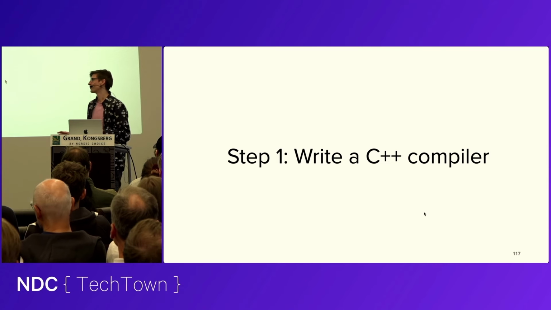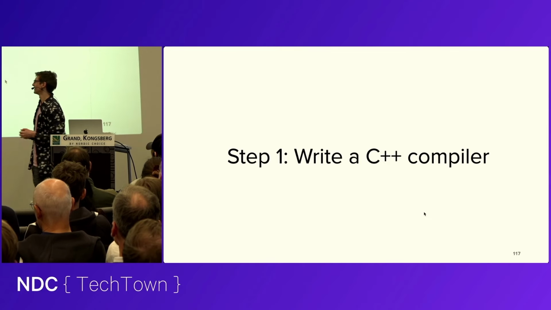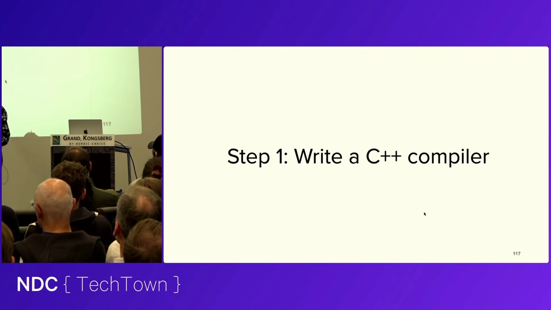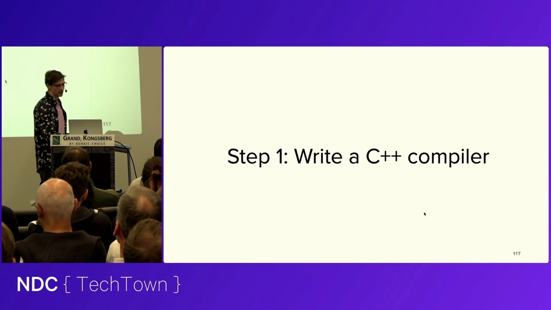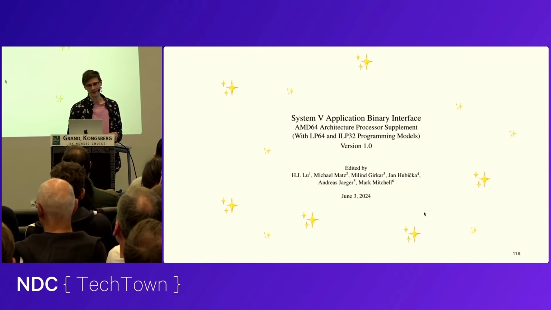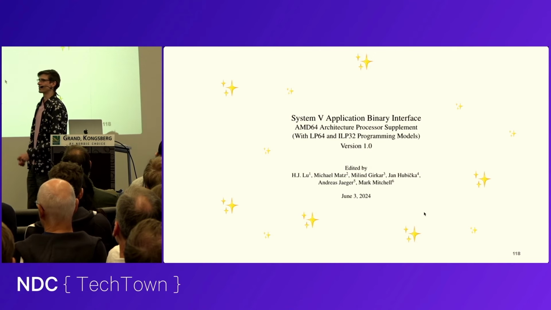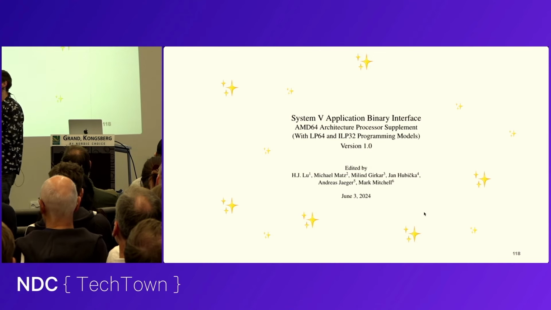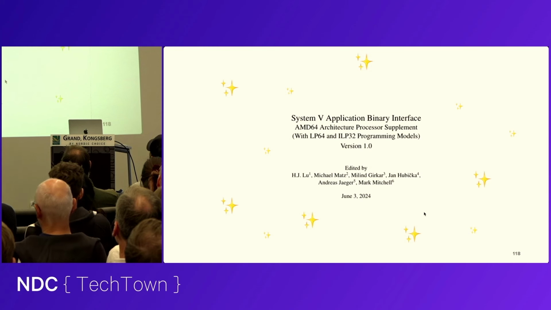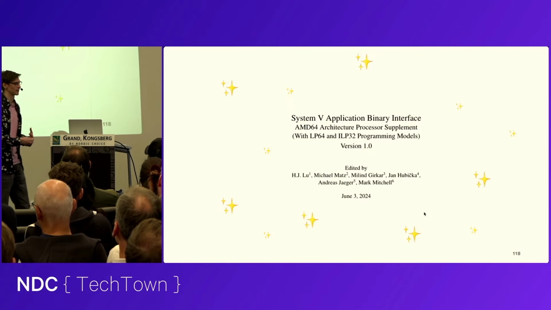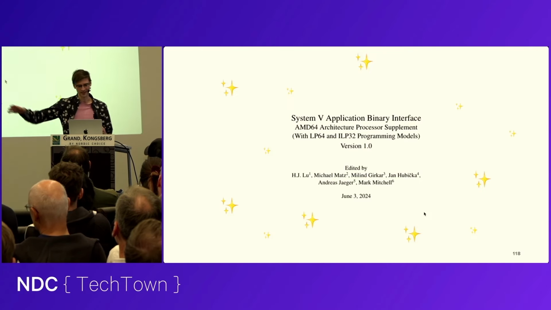But what if we want to do a more basic version? We don't want to write an entire compiler. What can we look at? Well, we can look at the veritable Bible of binary, the System V application binary interface, which is going to tell us how to lay out all of our registers and stack to call a function without actually having to write an entire compiler.